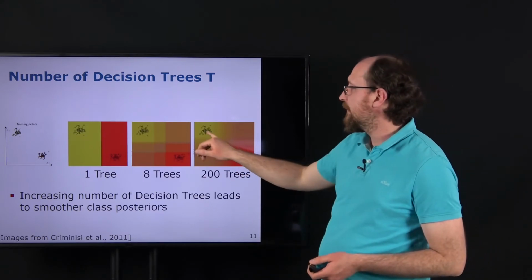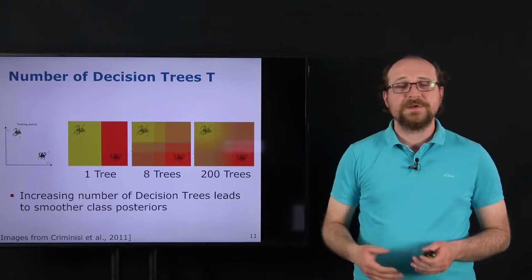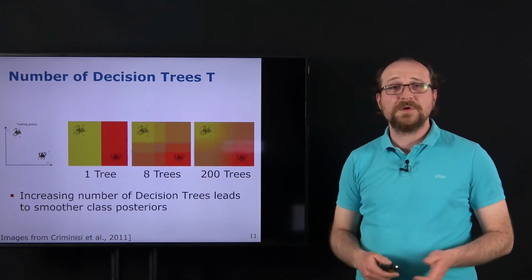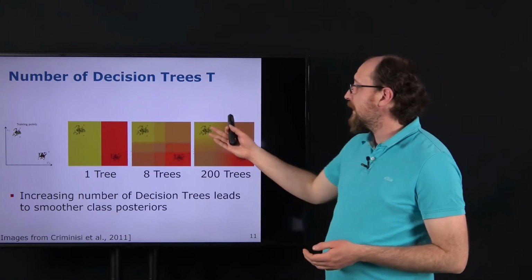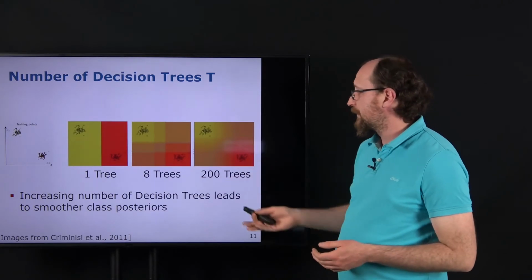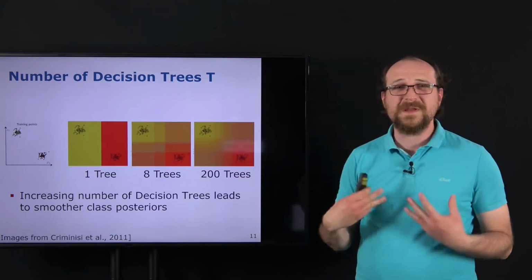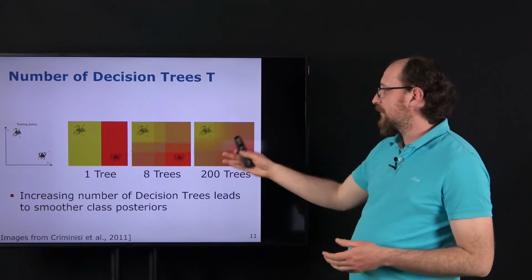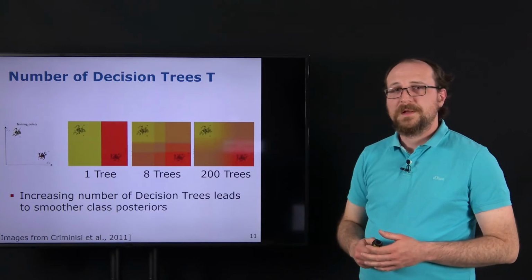And the more you go into the region where you have training examples and where the decision trees will tend to give the same prediction, the higher the confidence there. And this is the influence of the number of trees. So usually you want to use many trees to get such a nice posterior in the end.